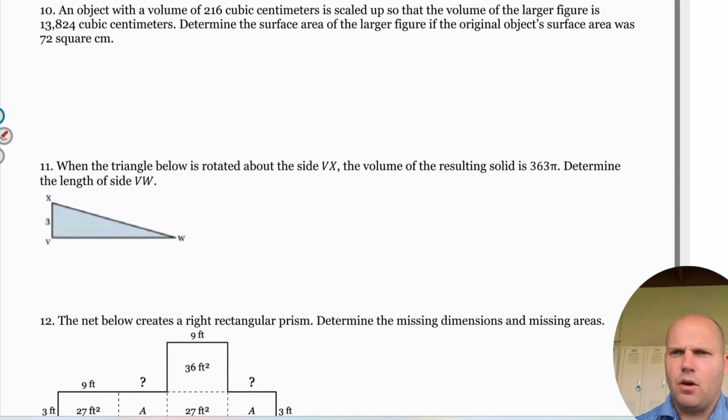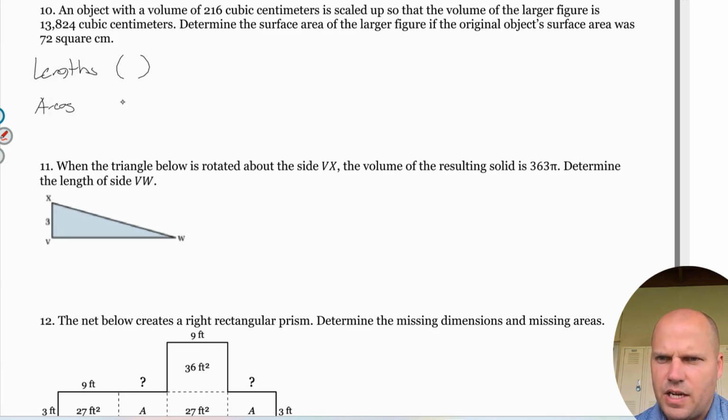Great question. Here we go. Remember, if the lengths are times this, the areas are going to be times this squared, and the volumes are going to be times this cubed.